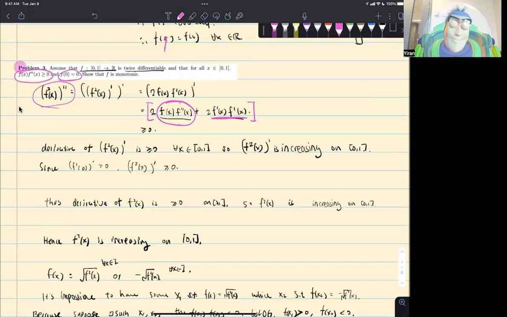I want to mention that this is larger or equal than 0, and the first derivative of this function is larger or equal than 0.